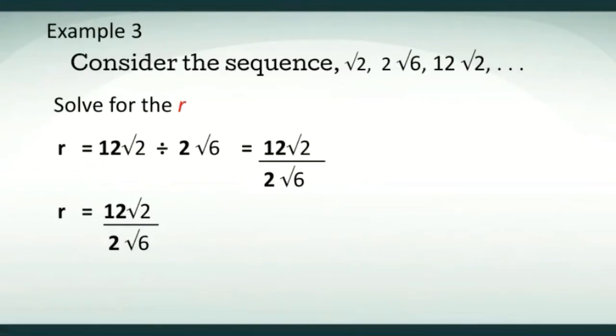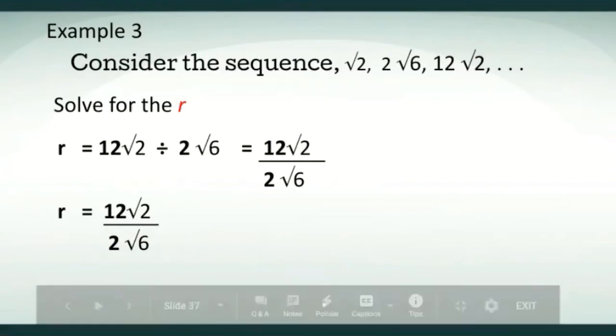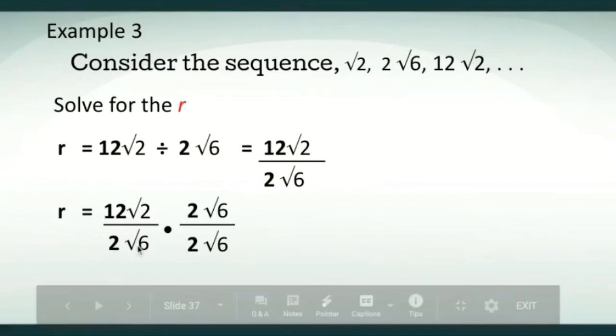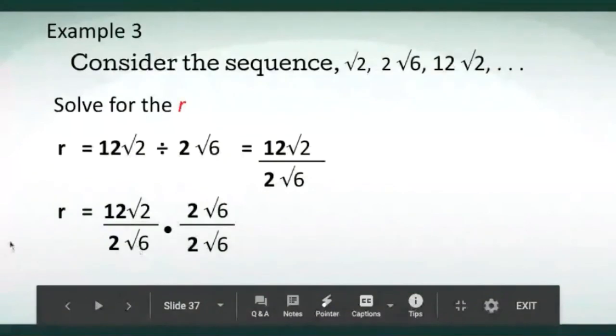We need to multiply both sides, the 12 square root of 2 and 2 square root of 6, by its denominator. So it means we will multiply by 2 square root of 6, because it is our denominator. Okay? Now what is the next one? What are we going to do?